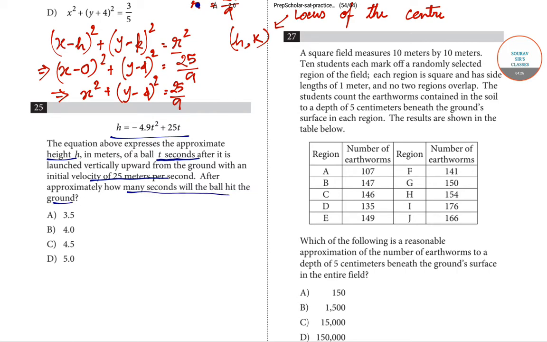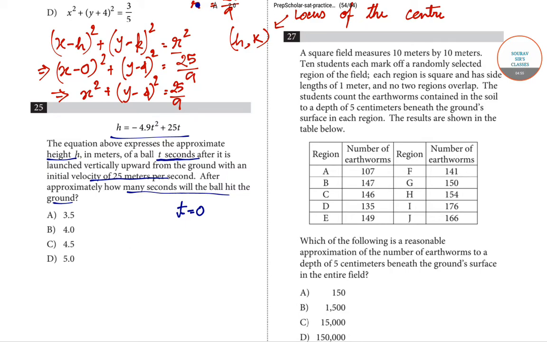So basically what is done here, we are throwing a ball from the ground and it is again coming back and hitting the ground. When we are throwing the ball, that means at the initial time, t is equal to 0, and we have to find when the ball again hits the ground.